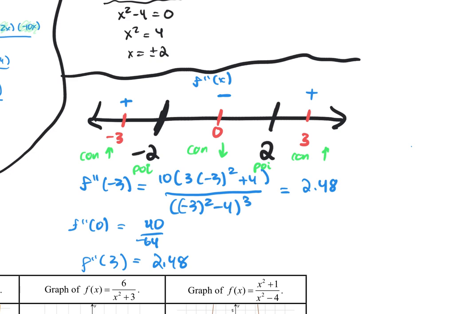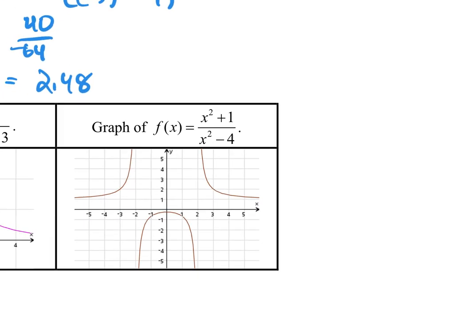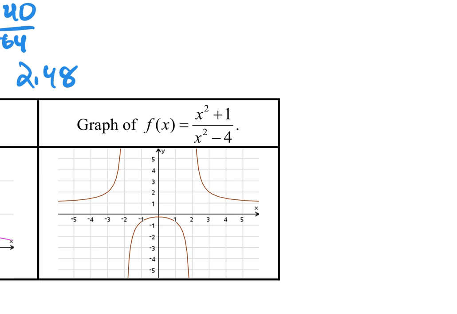However, and I say this at the end to stress it, because this is the habit you're going to get into: we think -2 and 2 are points of inflection. Let's look at the graph here. We have the graph of this function, and we can see vertical asymptotes at -2 and 2.